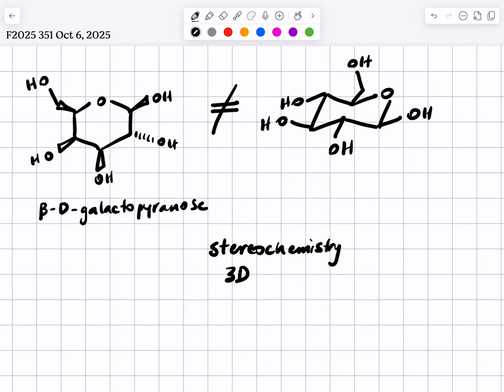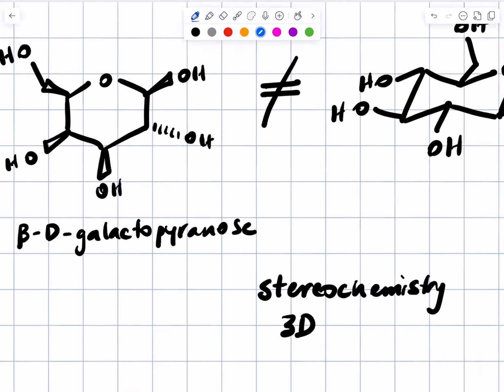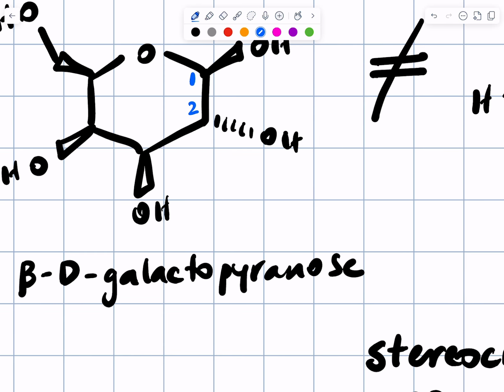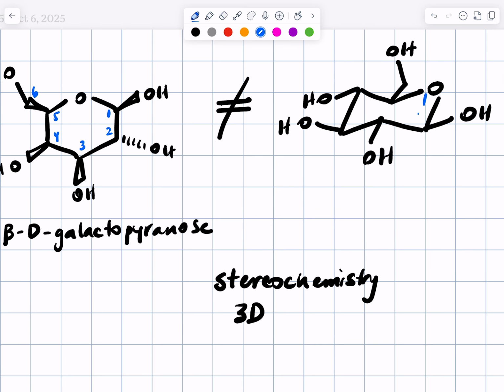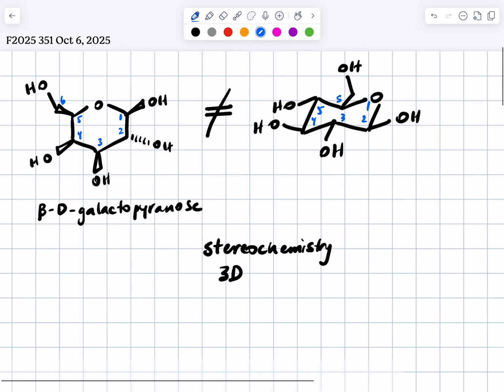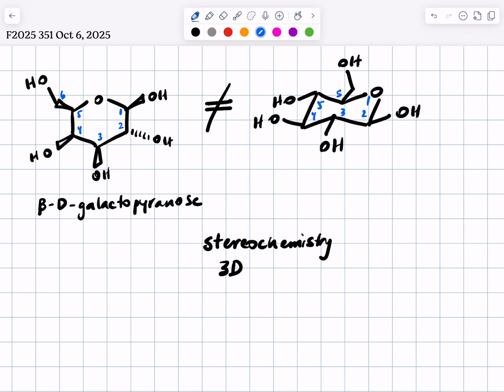And so let's go through each of the OH groups, 1, 2, 3, 4, 5, and 6. Let's go through each of the carbons, actually 1 through 5, and see whether the drawing on the right matches what we know about the 3-dimensional shape of the molecule.